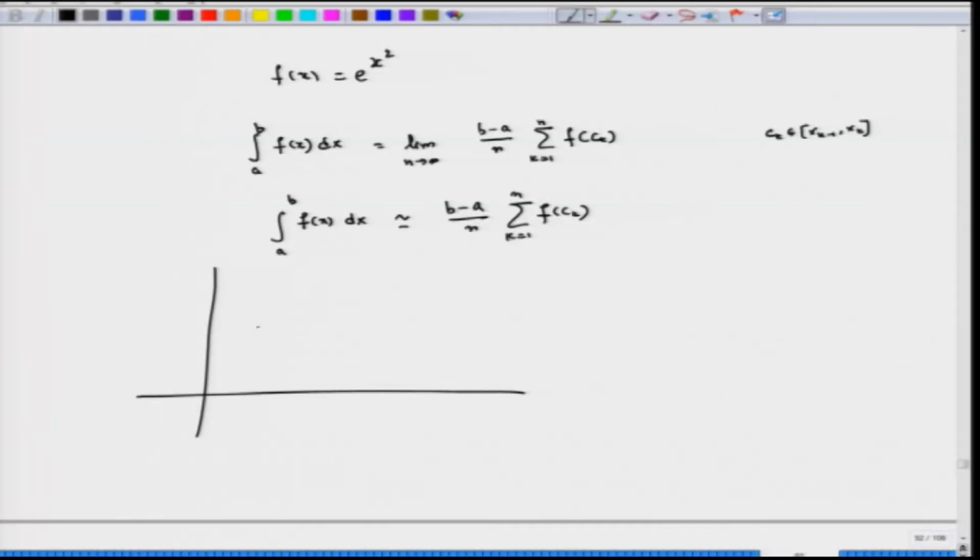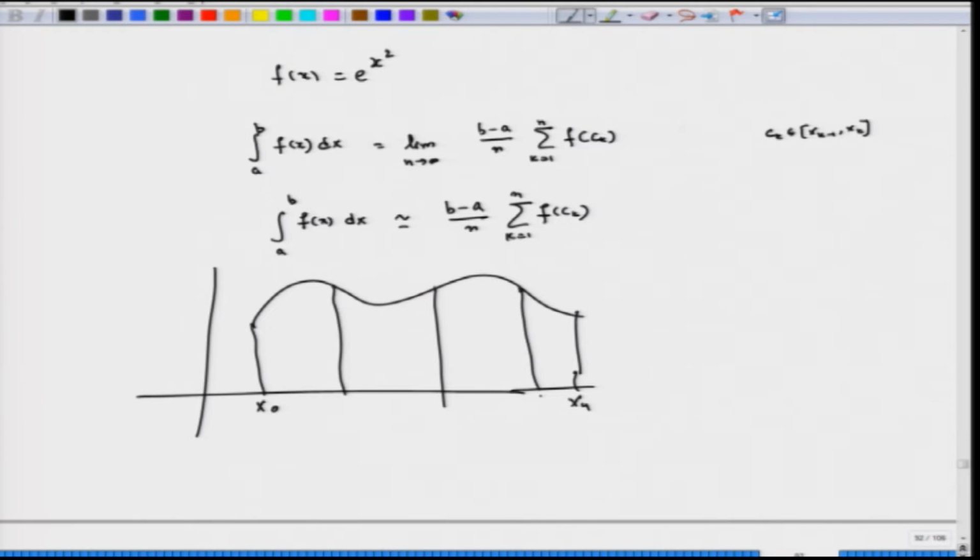Now, let us try to see this pictorially. Suppose we have this, and let us take a partition up to x n. This is the equal partition we have taken, so each of these is (b minus a) by n, all equal.